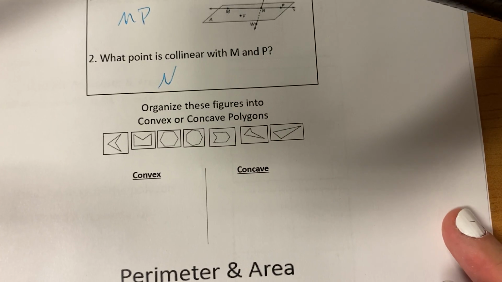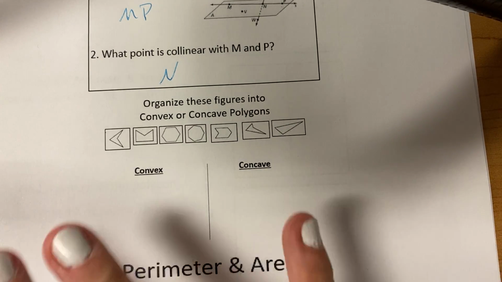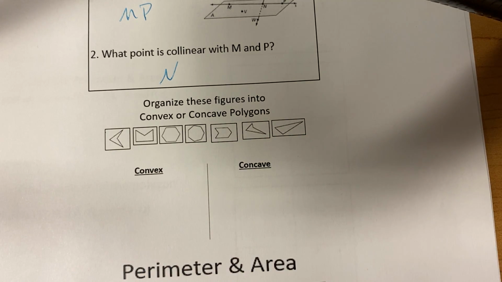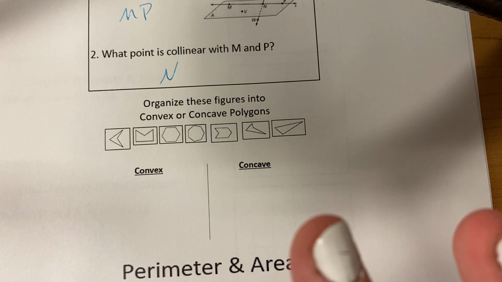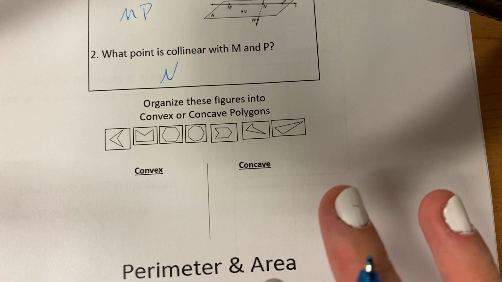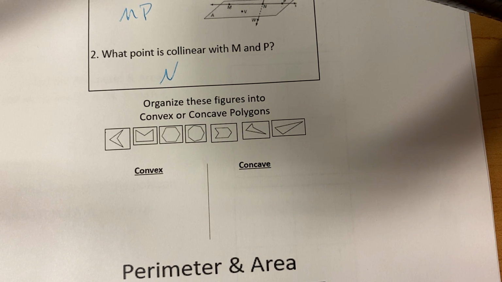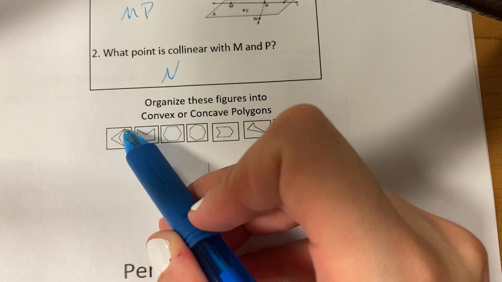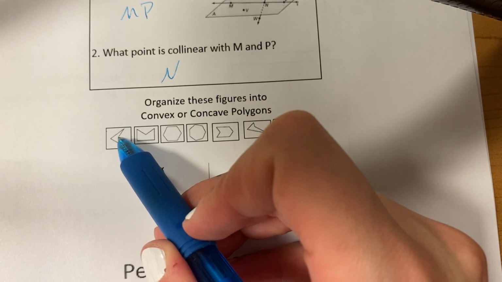All right, so convex versus concave. The way they sound is what they are. Convex is when the shape is pointed out, versus concave, where the shape caves in. Looking at this first one, see how we have lines that kind of cave in?